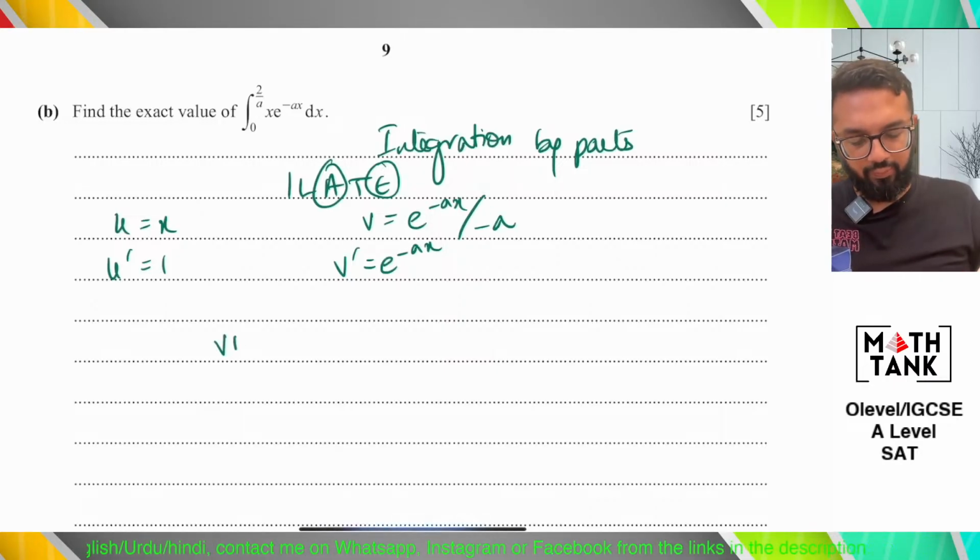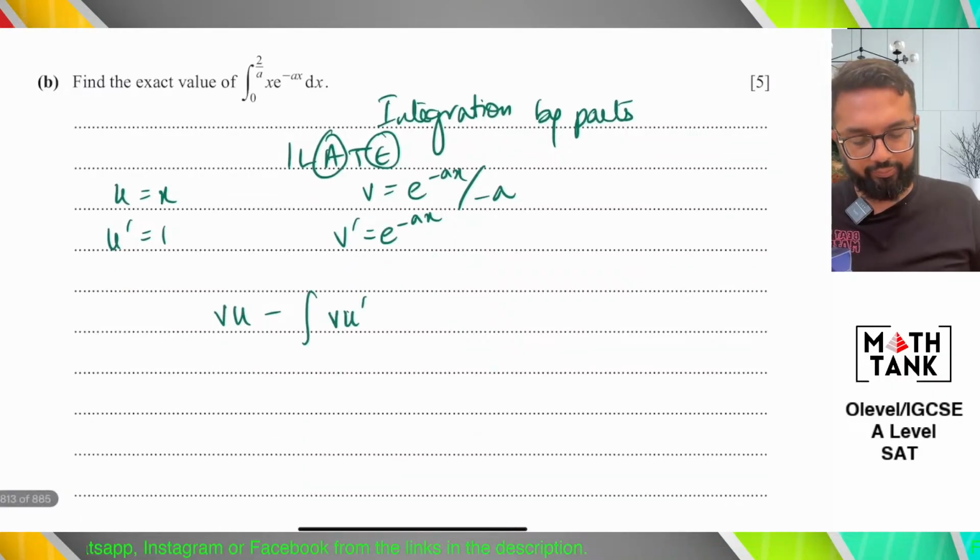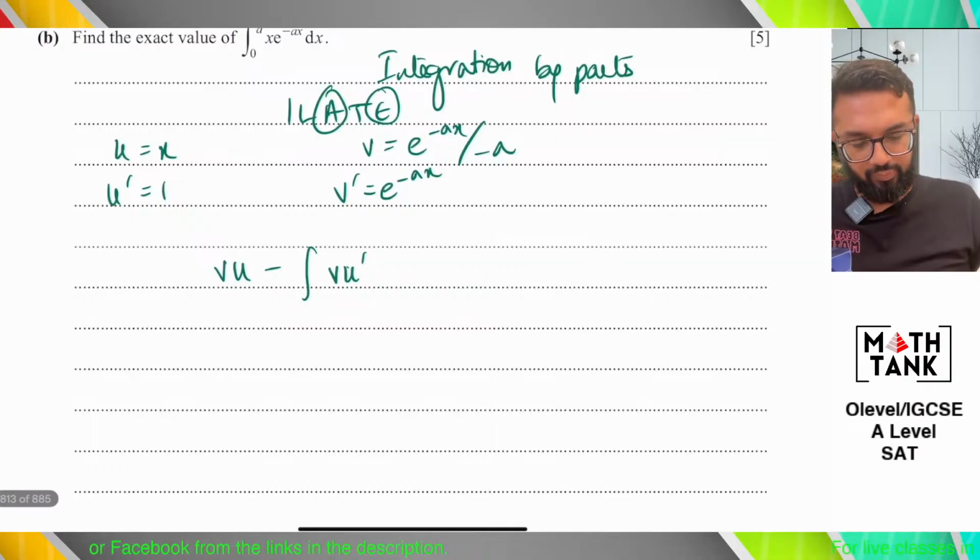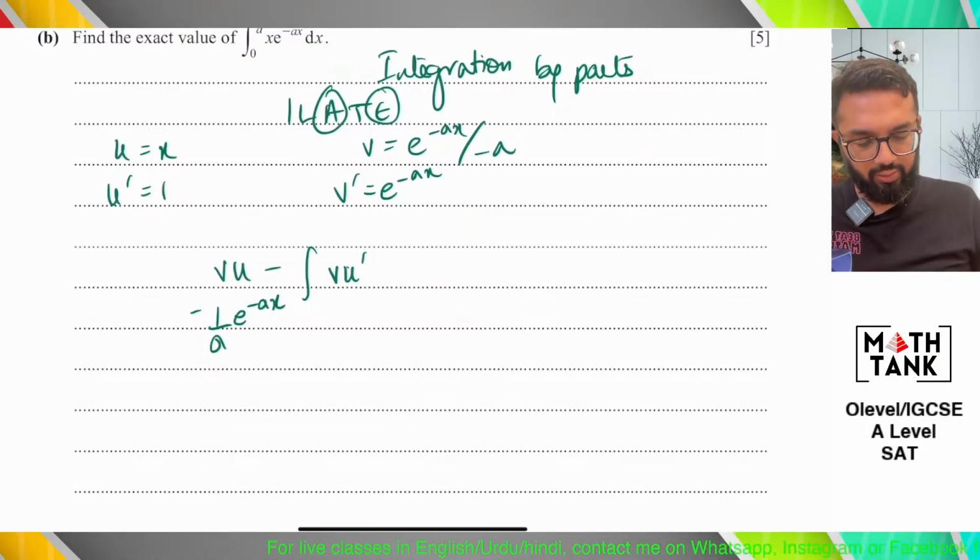Okay. uv minus integration of v du dash.